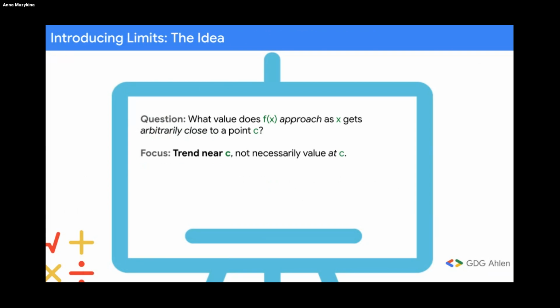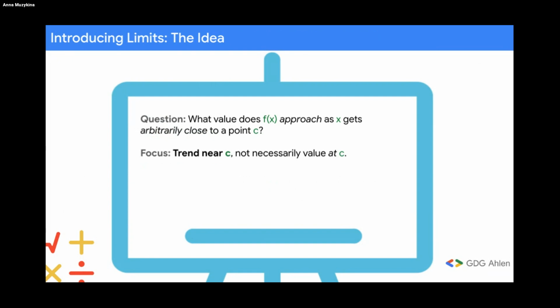So, the crucial point here is that we are interested in the value f of x is approaching or tending towards based on the function's behavior near c.